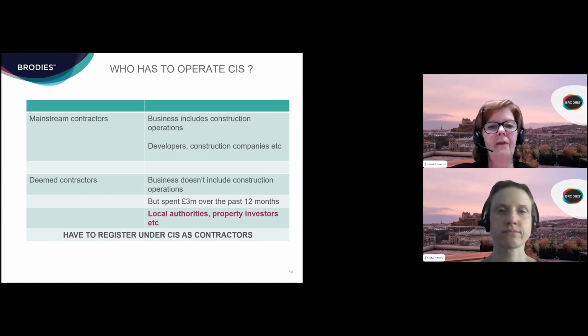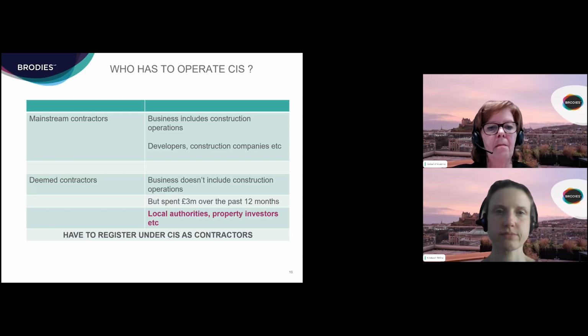If we move on to the next slide, who has to operate the CIS? They really fall into two camps, the people who have to operate the CIS on payments. There are mainstream contractors whose business is carrying on construction operations, and they might include big construction companies, developers who are doing this all the time and so on. They are mainstream contractors and they have to register.